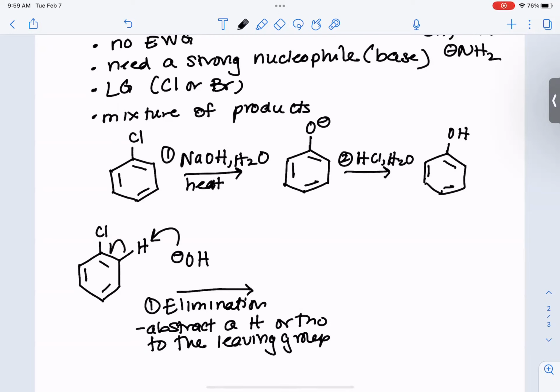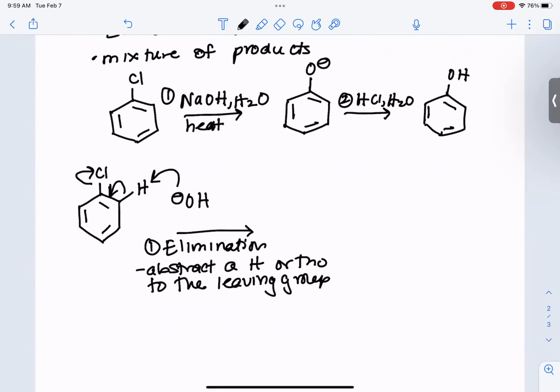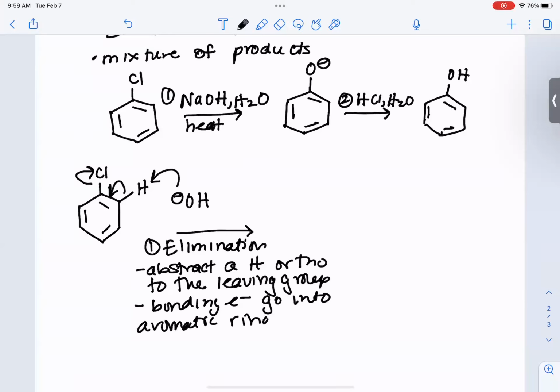The electrons are going to go into the ring and the chlorine leaves. Okay. So you abstract a hydrogen, the bonding electrons go into the aromatic ring and the chlorine leaves.